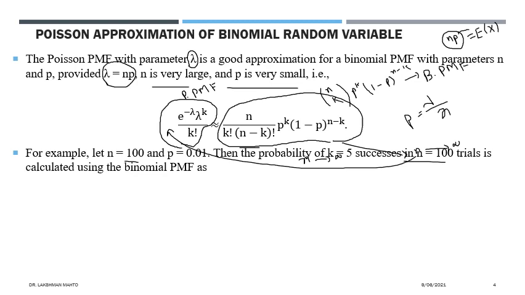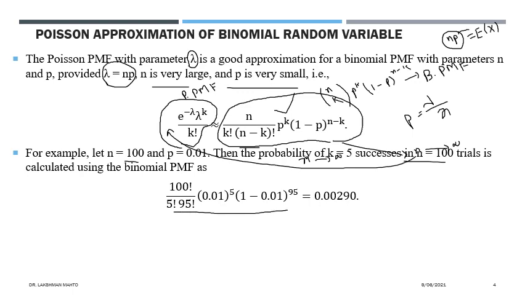It can be described by a binomial random variable. Using the binomial probability mass function, the formula would be given by this one. Just use this formula and simplify this expression. The factorial of 100 you can calculate with the help of a calculator, and this one also with a calculator.